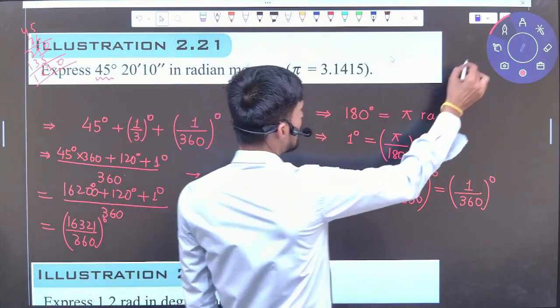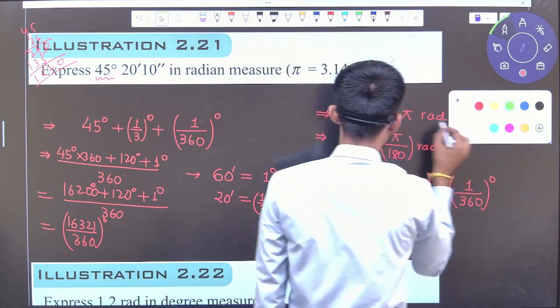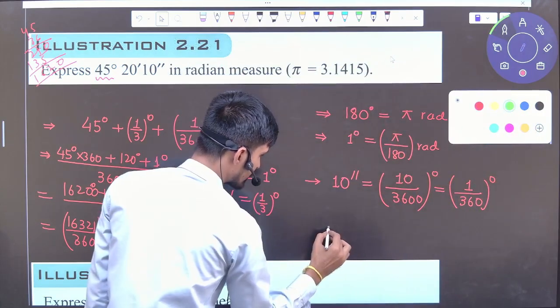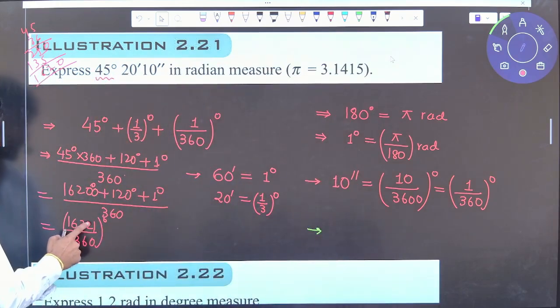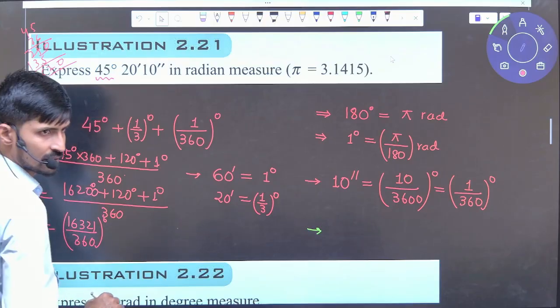1 degree is that much radian. So what I will do, I will multiply both sides by 16321 by 360. Okay.